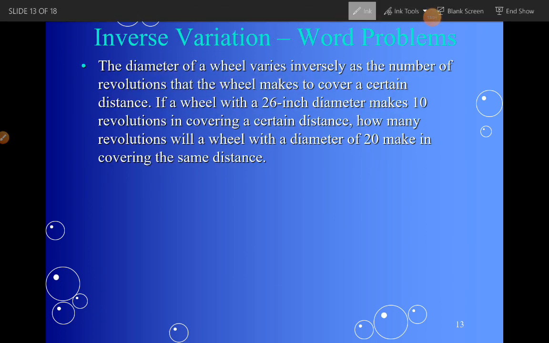Okay, so I'm not actually going to do this problem, but let's talk about what this is asking us for. So the diameter of the wheel varies inversely as the number of revolutions that the wheel makes to cover a certain distance. Just talking about what x is and what y is. When you circle the varies inversely, whatever's in front of that, so the diameter is going to be the y.